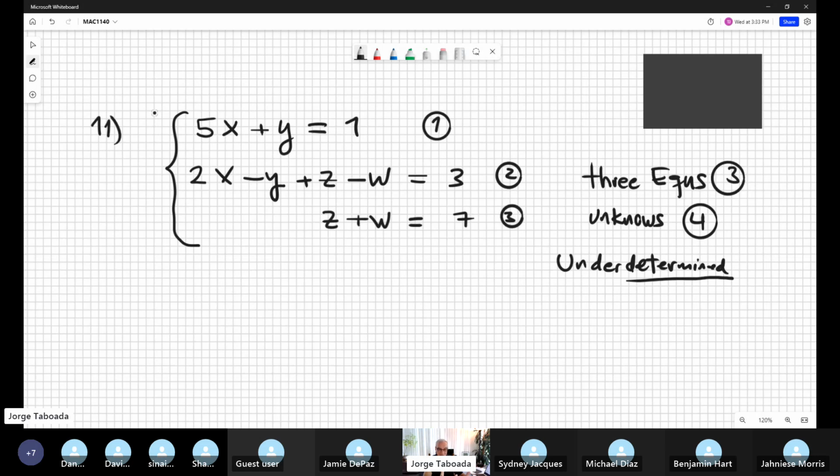It is obvious. Actually, yeah, Giselle. Okay, cool. The only possibility to have a unique solution is that my system has the same amount of equations as unknowns, and the equations are linearly independent.